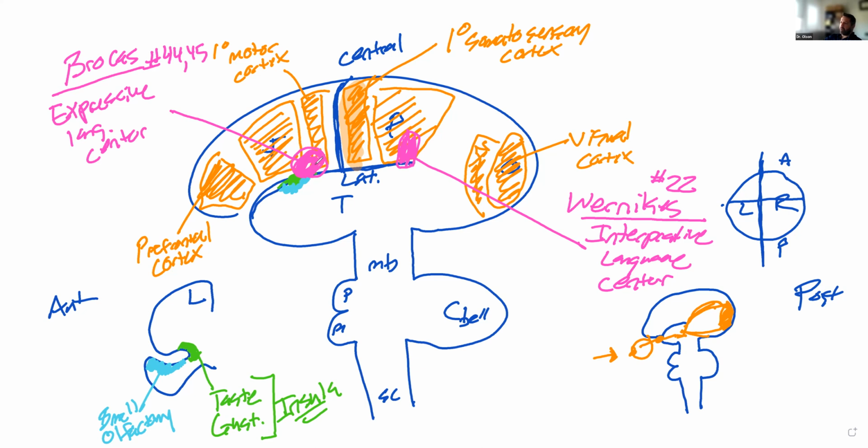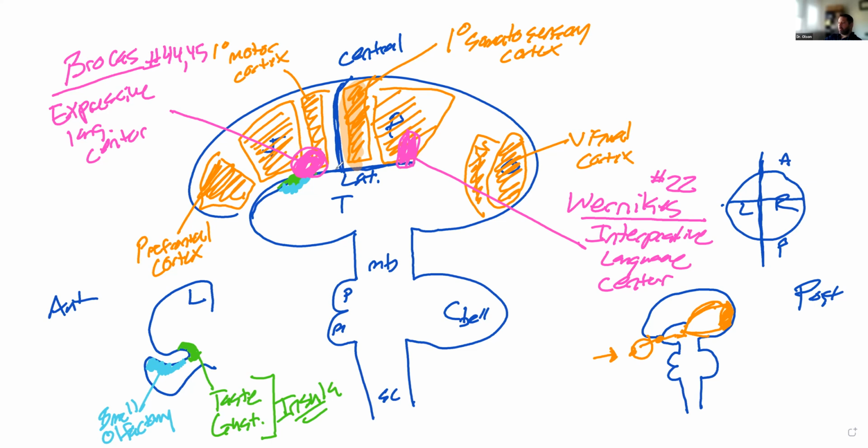An aphasia is sort of a lack of language, a defect in language. And if it is here in the Broca's, it is expression. So the interpretive side of your language centers is working just fine. Understanding and interpreting language is just fine. It's just when it comes to actually speaking.